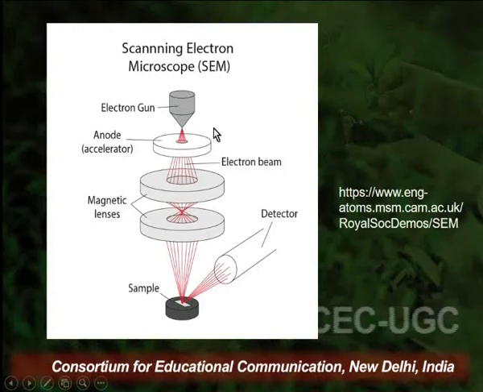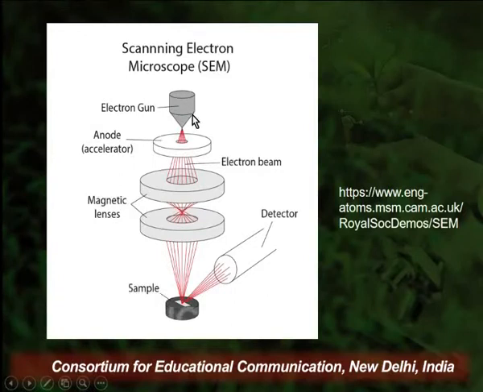In this diagram, you can very well see that in a scanning electron microscope, the electron beams are emitted with the help of an electron gun, and these electron beams are focused with the help of magnetic lenses, and these focused beams of electrons are projected on the sample, and the surface of the sample, based on its own contortions or surface topography, deflects them, and these deflected electrons are perceived by a detector.